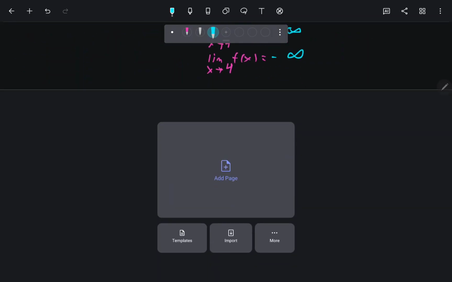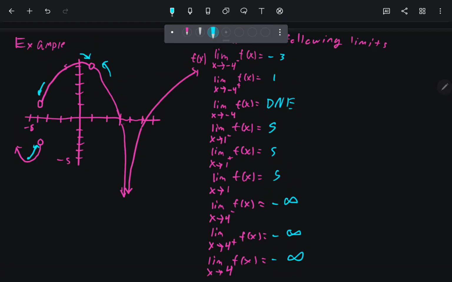I would like to note the following: even though the textbook I am using will denote limits as x approaches a of f of x equal to infinity, sometimes other textbooks or other teachers may say the limit as x approaches a of f of x does not exist.